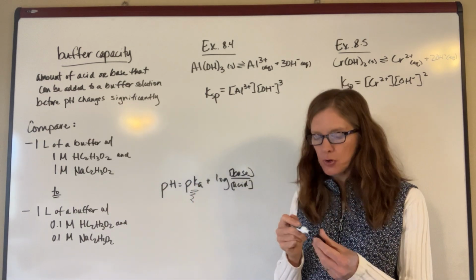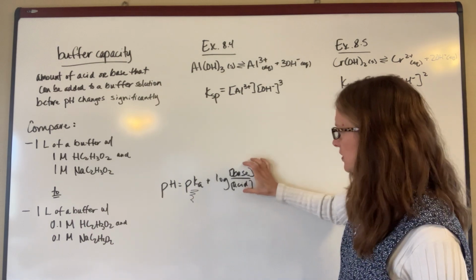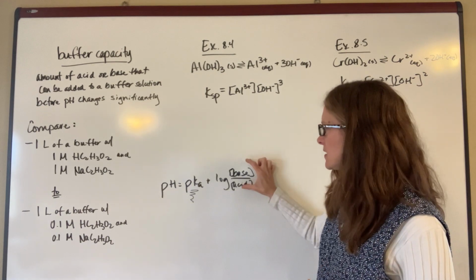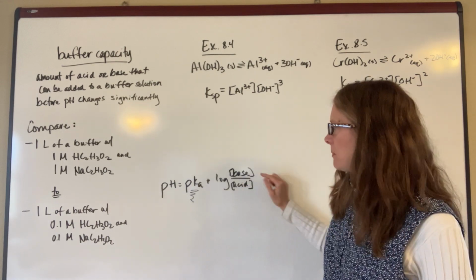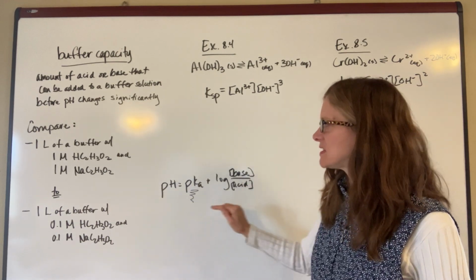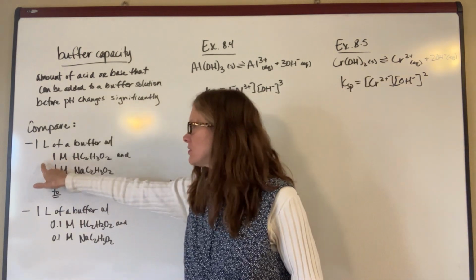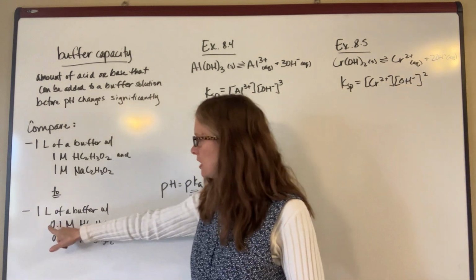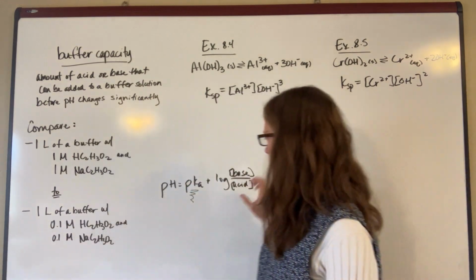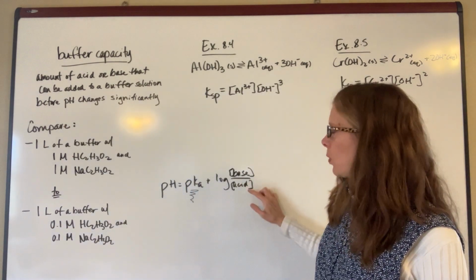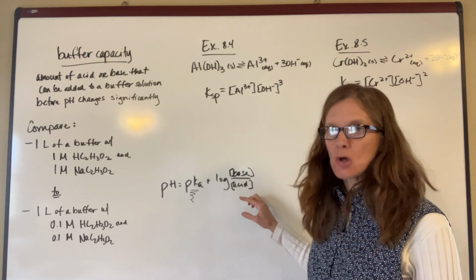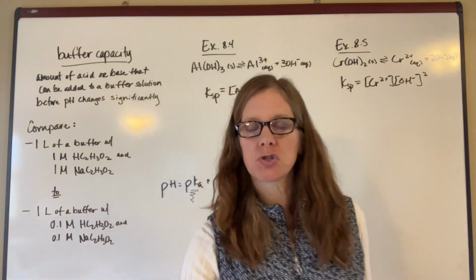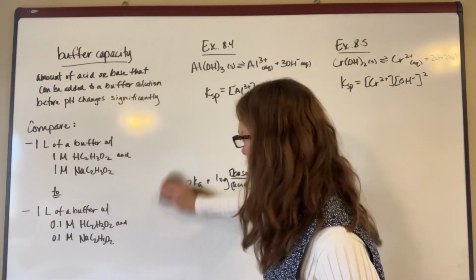So what's different is going to be this ratio when I'm calculating pH. Although in this case, will this ratio be different? Because the base divided by the acid here, 1 divided by 1, is going to be 1. If I put the concentrations down here into this equation, I'm going to have 0.1 over 0.1, which is also 1. So the pH of both of those solutions is going to be the same.